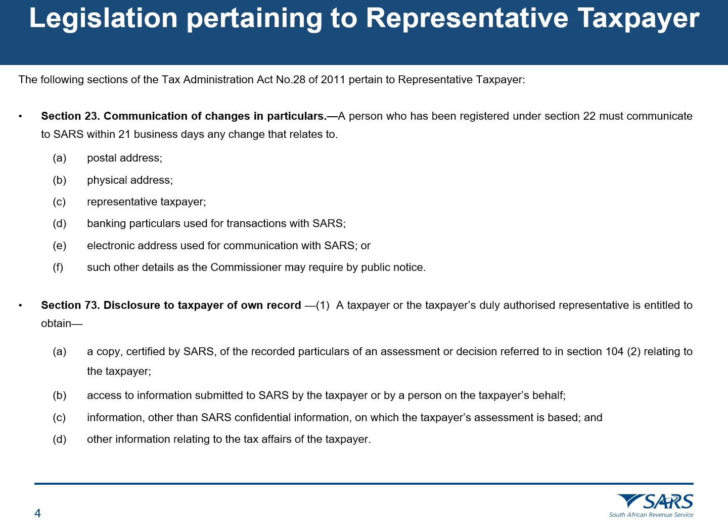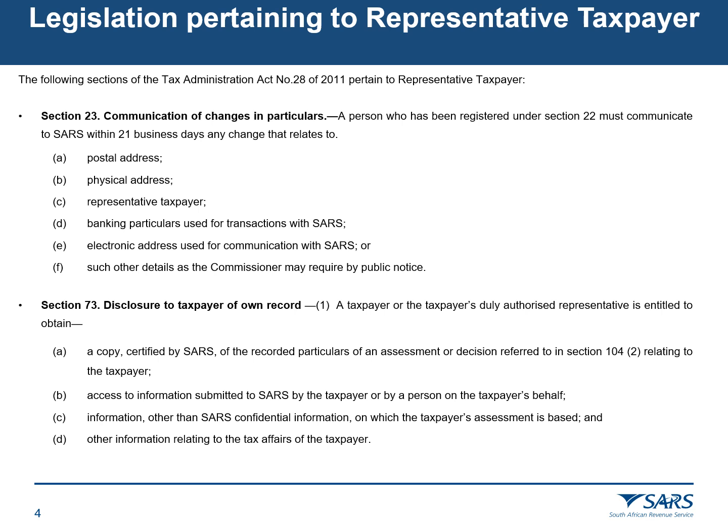Section 73, Disclosure to taxpayer of own record. A taxpayer or a taxpayer's duly authorized representative is entitled to obtain a copy certified by SARS of the recorded particulars of an assessment or decision referred to in Section 104, subsection 2, relating to the taxpayer.